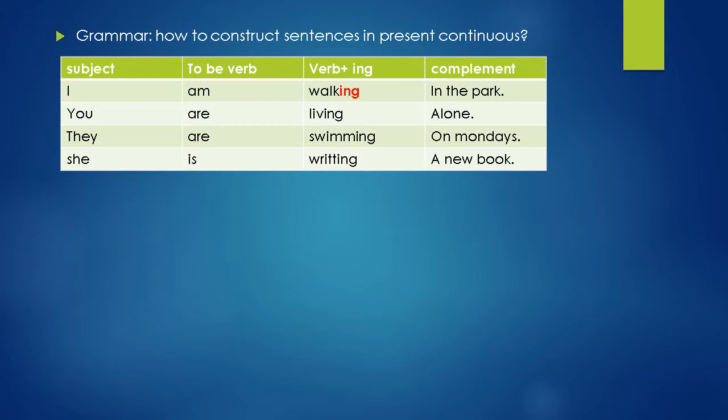For example, subject, I, the corresponding to be verb, am, the verb walk, plus the ing, walking, and the complement, in the park. I am walking in the park.